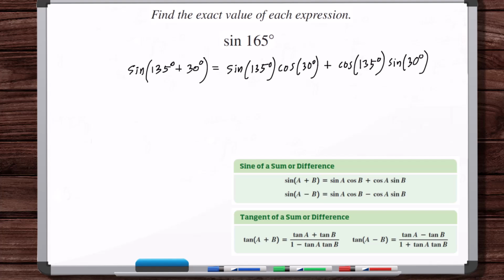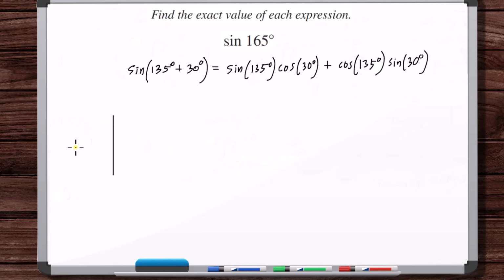Now if we think about the general definition of trig functions, 135 is 45 degrees past the vertical. So the reference angle is 45. And we know a 45, 45, 90 triangle is going to be 1, 1, root 2. So this is going to be positive 1, negative 1, root 2. That's 135. So sine of 135 is going to be opposite over hypotenuse, 1 over root 2.